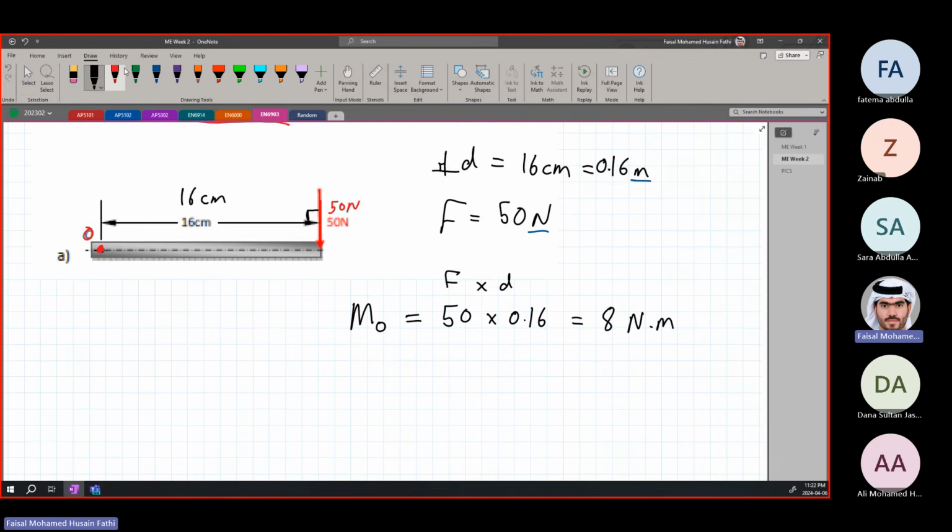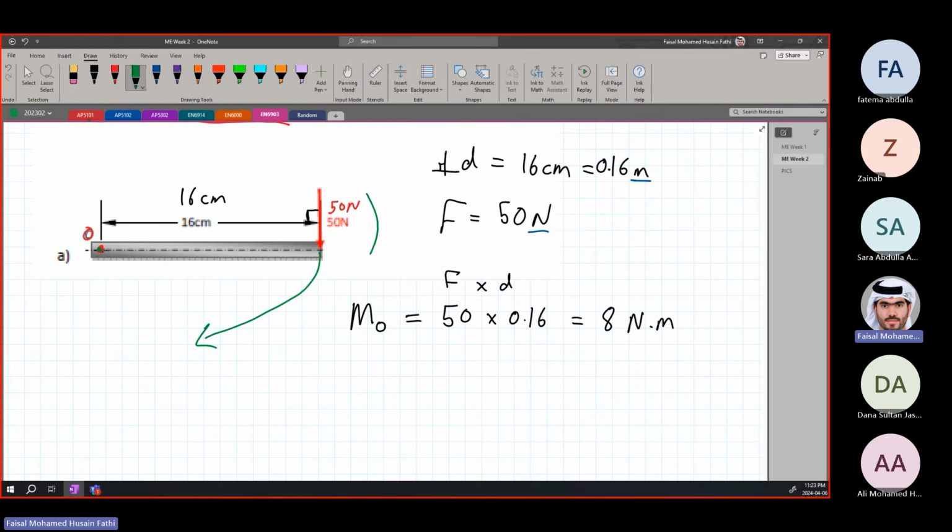Now, one more thing. Usually they're not asking, but you need to know the direction of this moment. Since the force is going downwards, how can you find it? It's as if you fixed this point, and you're just applying a force. In which direction will it go? Okay?